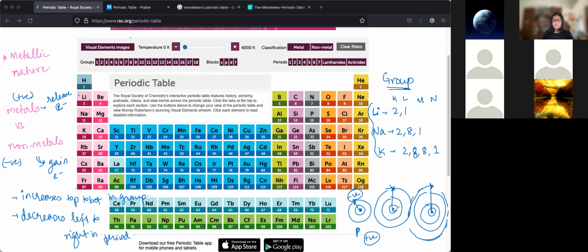The number of positive charge overall is increasing between lithium, sodium, and potassium, but the distance has more of an effect on the magnitude of force than the number of protons, because the number of electrons is also increasing, right? Like यहाँ पे 2 electrons है, यहाँ पे there are 8 electrons, like 2 8 1, बीच में these electrons also play a role.